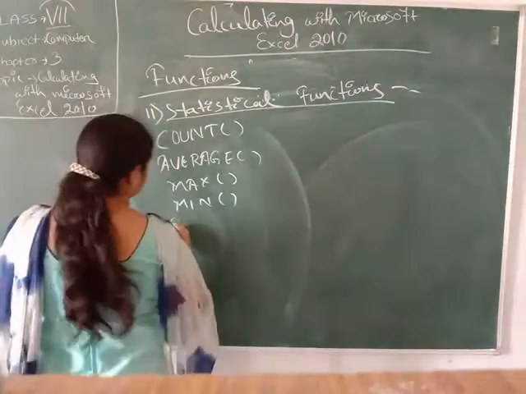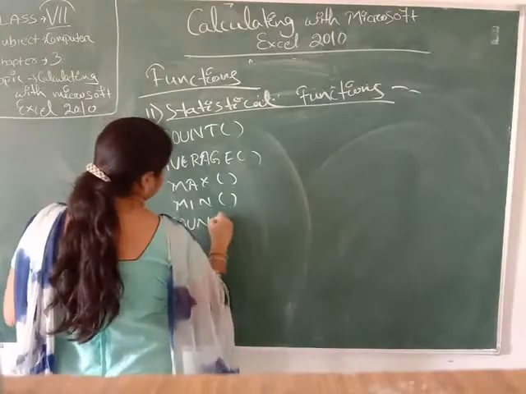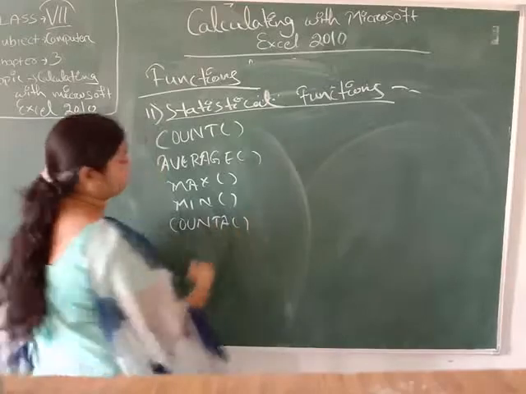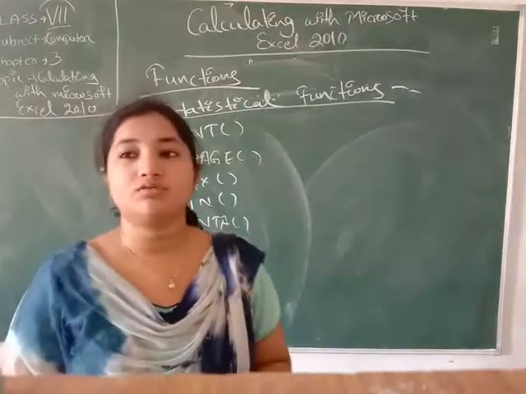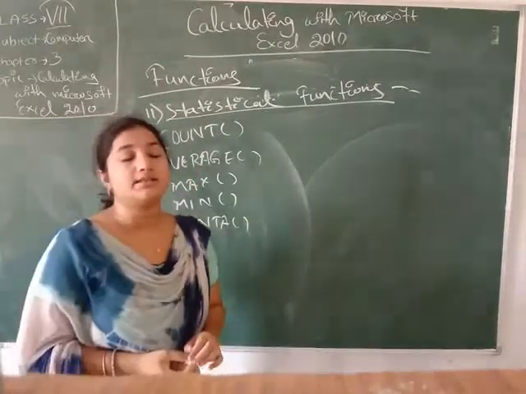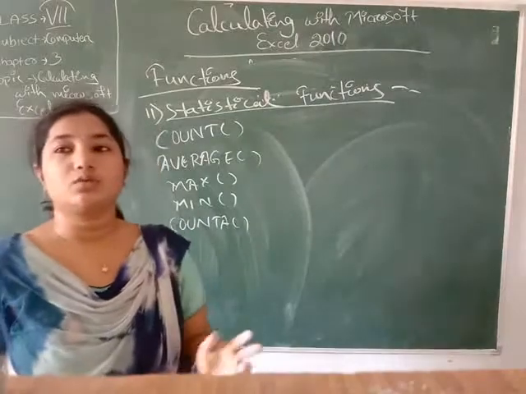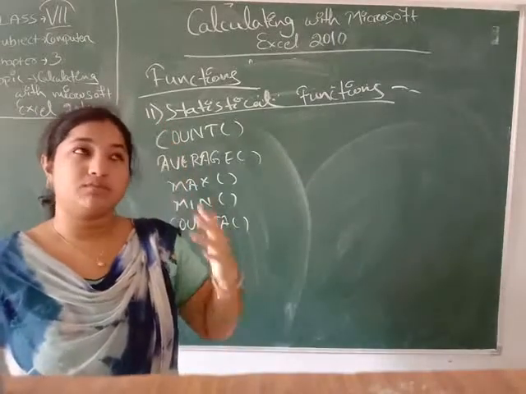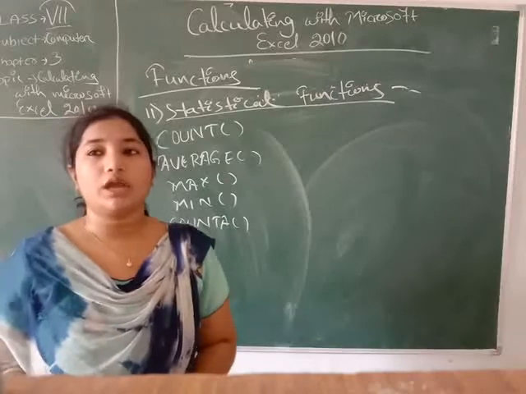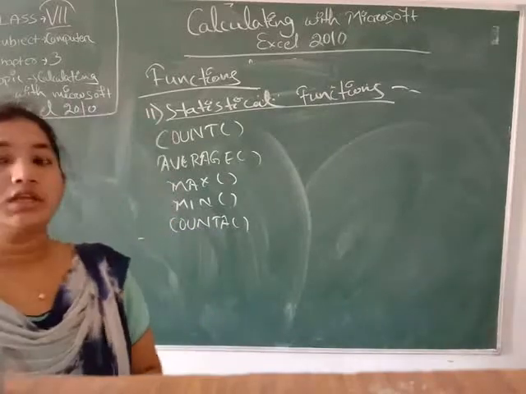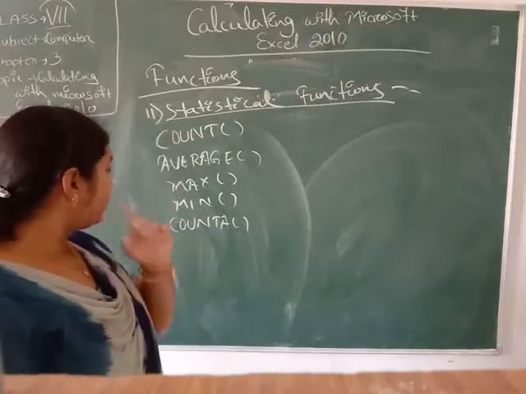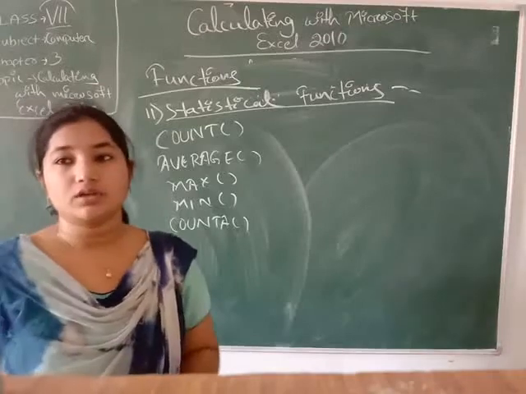The next one is COUNTA. COUNTA counts all non-empty cells in a range. It means in whichever cell we put some values, it can count those values. The next one is COUNTBLANK.